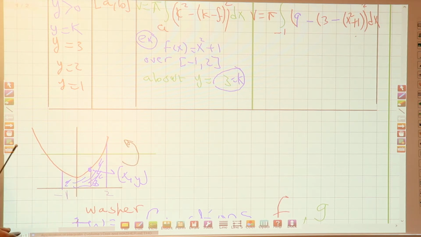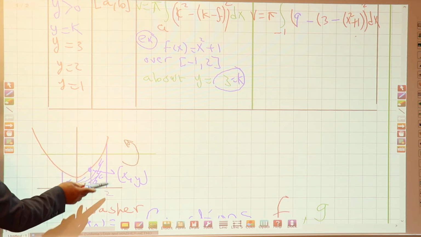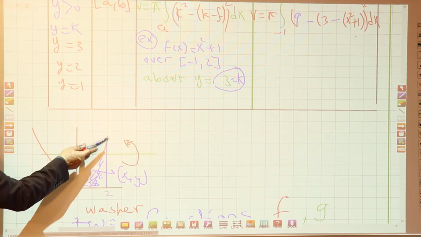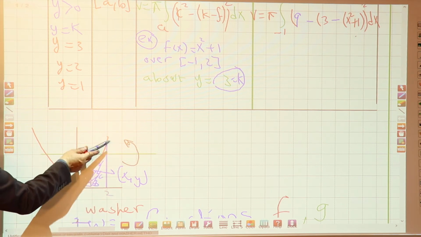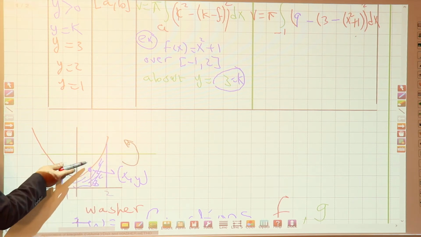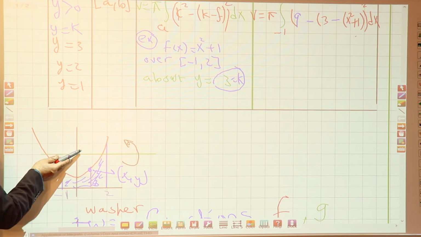Now, what we have to do, K, when we revolve, we have a big radius, which is what? The K, which is the 3, right? This radius, 3, minus what? K, from here to here.